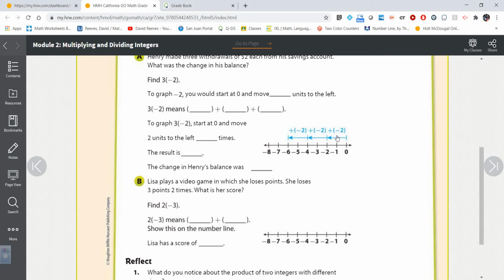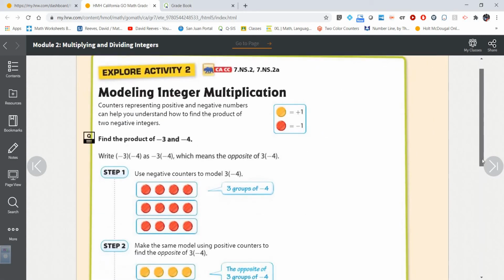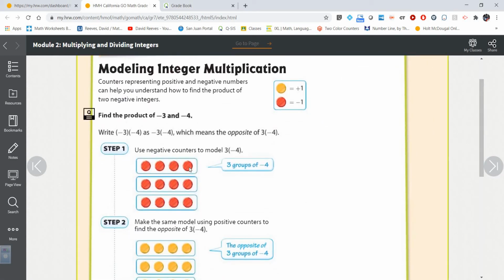This example would be 3 times negative 2. Remember, you cannot have a negative amount of something. Also with counters, negative counters are red and positive counters are yellow. Again, you cannot have a negative amount of counters.